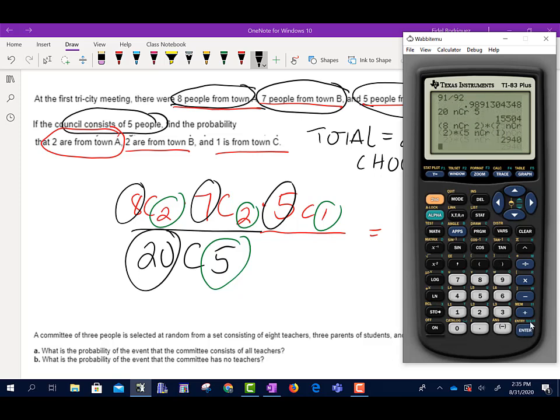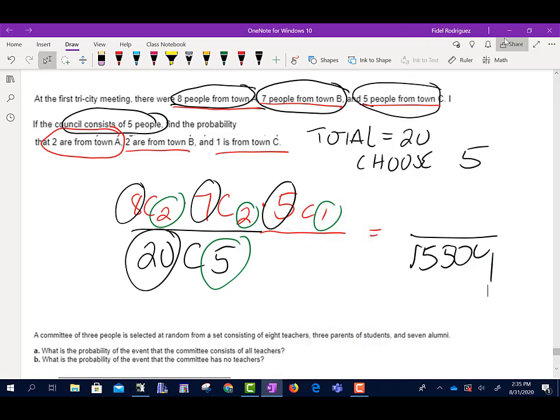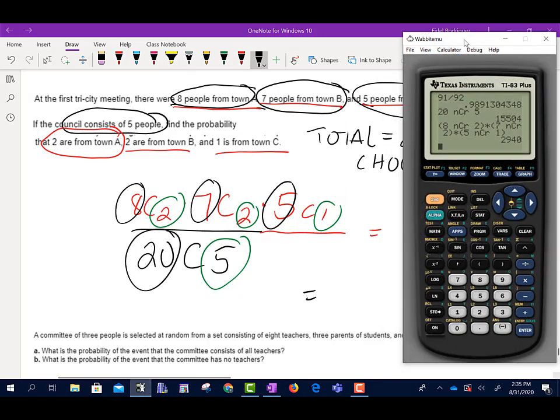And so I'm coming up with 2940 as my numerator. So 2940. Again, let's go ahead and see if we can make that into a decimal.